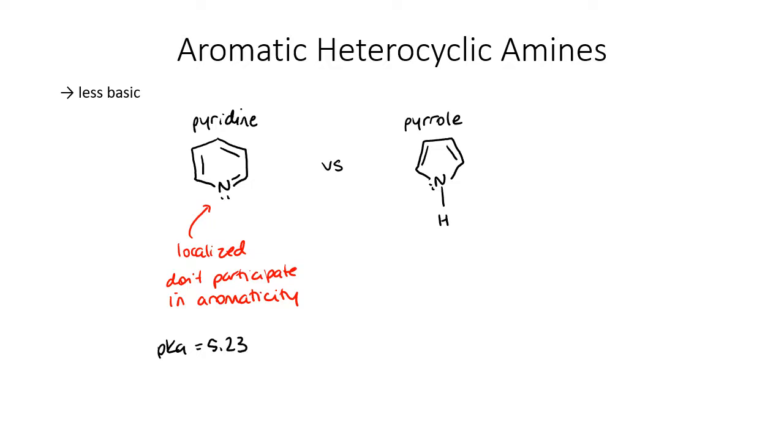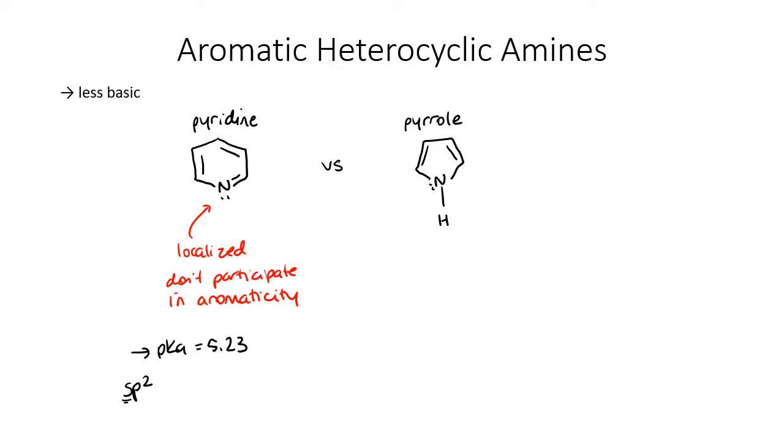Now the reason that this pKa is lower than that of the alkyl amines is because the lone pair is located in an sp2 hybridized orbital. With sp2 hybridization, the lone pair is closer to the nucleus of the nitrogen than would normally be for an sp3 hybridization. That's because we have more s character in sp2 hybridization.